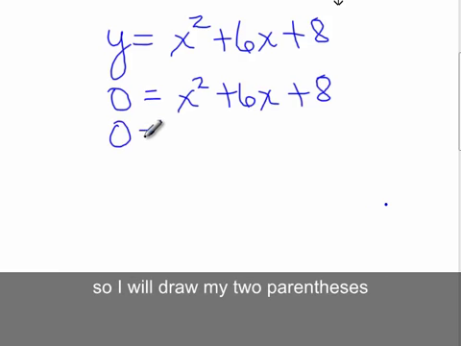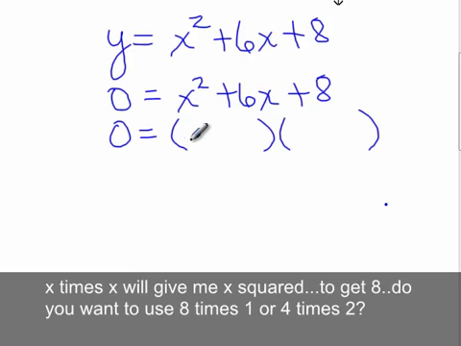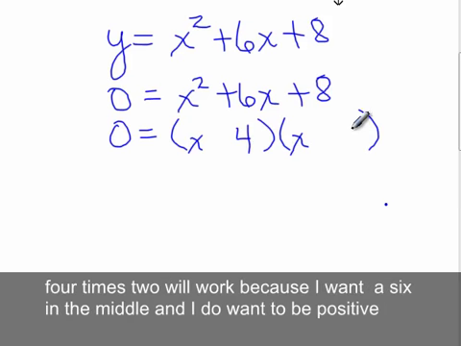So I will draw my 2 parentheses. x times x will give me x squared. To get 8, do you want to use 8 times 1 or 4 times 2? 4 times 2 will work because I want a 6 in the middle, and I do want it to be positive.